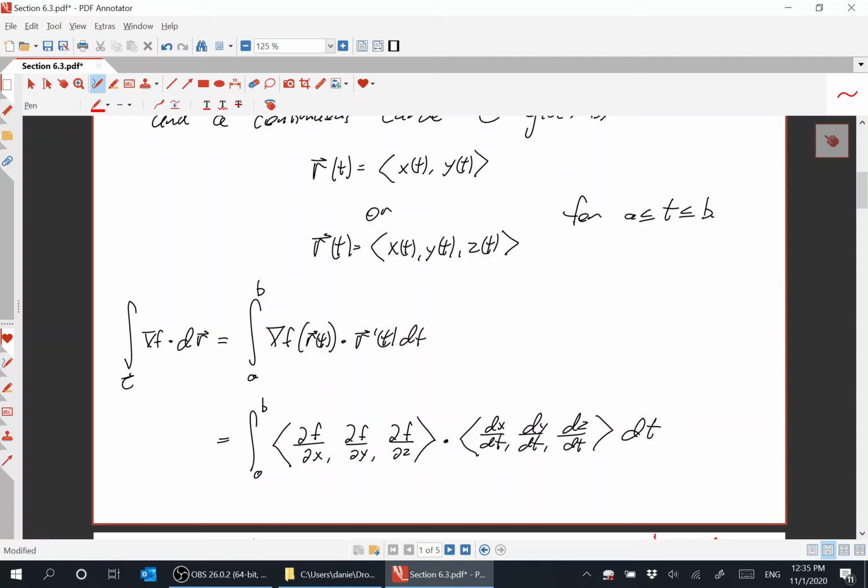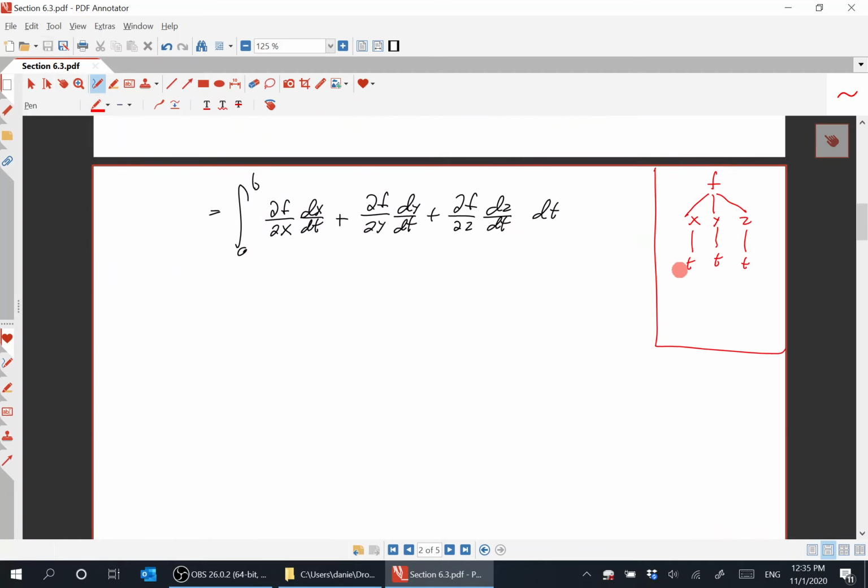It's the vector field just on r, so it's all a function of t. So f is a function of t, so df dt is just equal to partial f partial x dx dt plus partial f partial y dy dt plus partial f partial z dz dt.